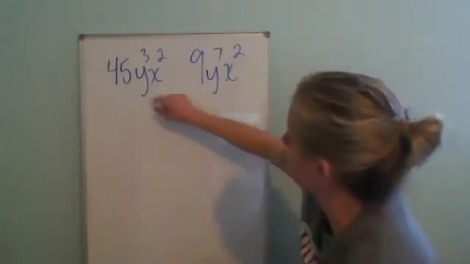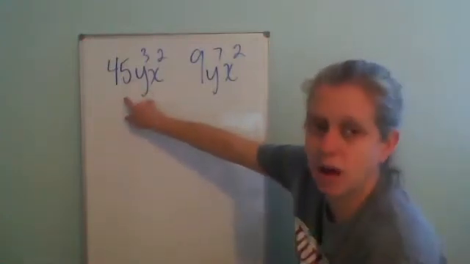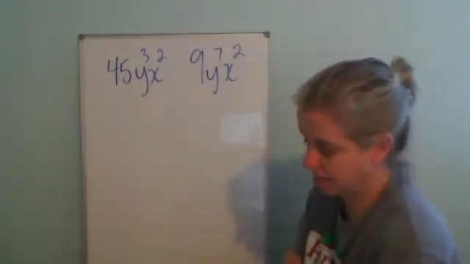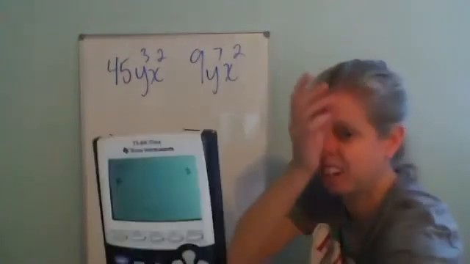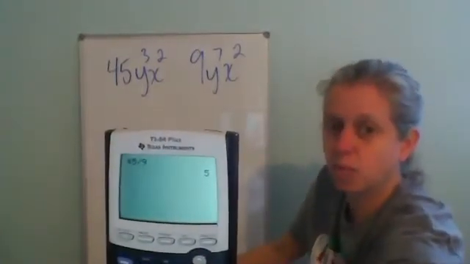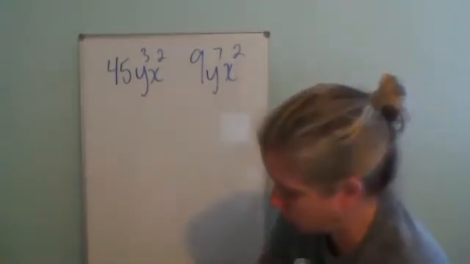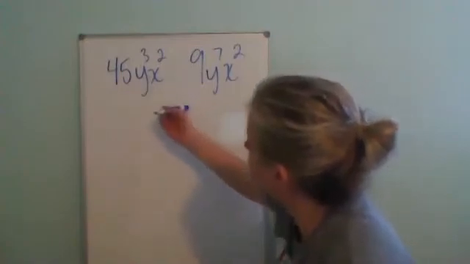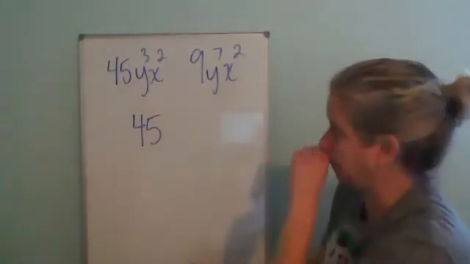First things first, let's do the number part. I've got 45 and 9. 45 is my biggest number. So let's see, 45 divided by 9. So does 9 go into 45 also? Well, since I divided it and you got a whole number, not a decimal, it goes in there also evenly, which means 45 is the first number that 9 and 45 will both go into.